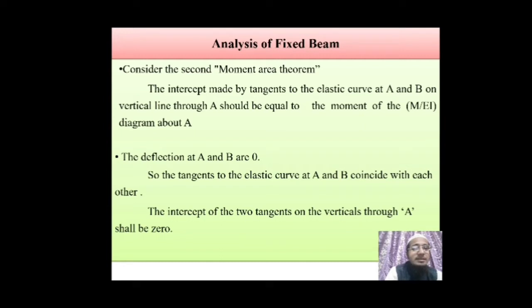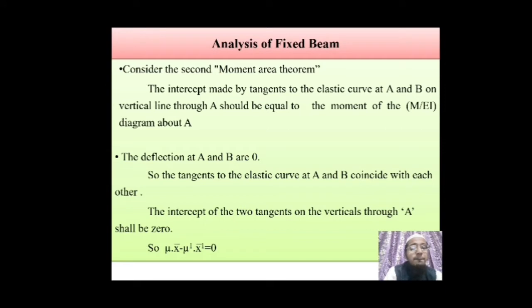So we can say the intercept of the two tangents on the vertical through A shall be 0. That means the area of the Mu diagram multiplied by the distance of its CG, Mu into x bar, minus Mu dash into x bar dash, will be equal to 0 as they coincide.